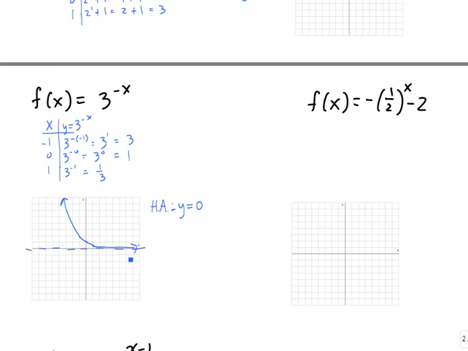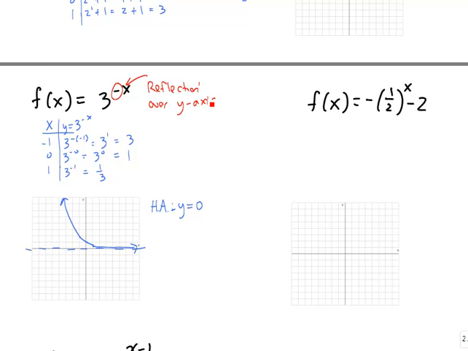right. Now you may say, well, how come this is decay? Because we had a base of 3 and that's bigger than 1. Well, remember what this little negative does. In terms of transformations, this negative, when it's next to that x, is a reflection. And this is a reflection over the y-axis.